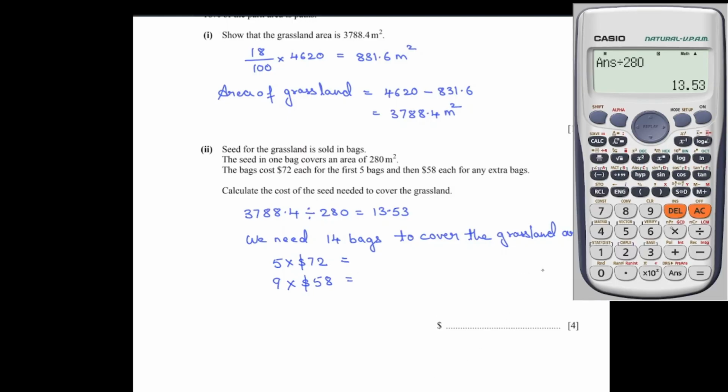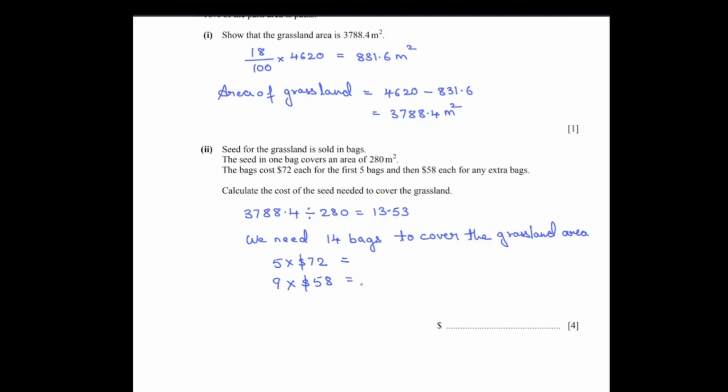So let me put everything in the calculator. 5 into 72 plus 9 into 58 is equal to $882. Just write this together and then write the answer, $882. So this is the answer.